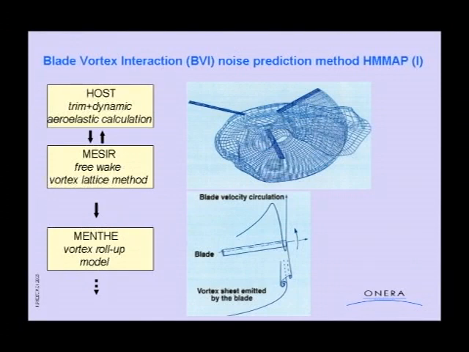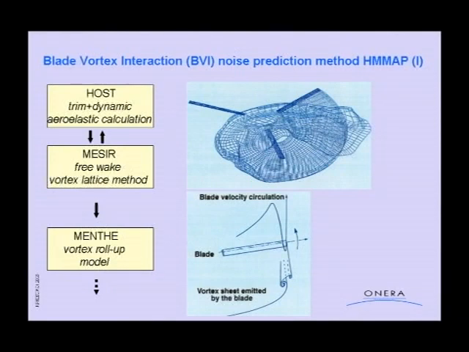And we have decomposed the complete calculation in several steps for which adapted methods have been developed. And the first step is an iterative calculation between the host code, which computes the trim of the rotor.